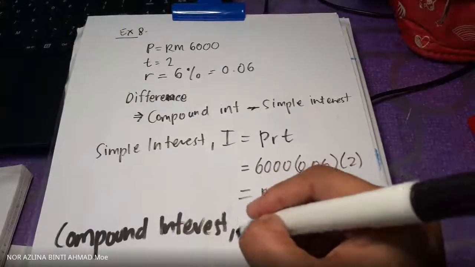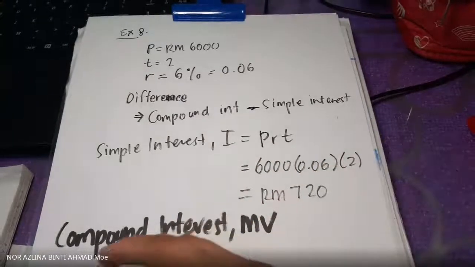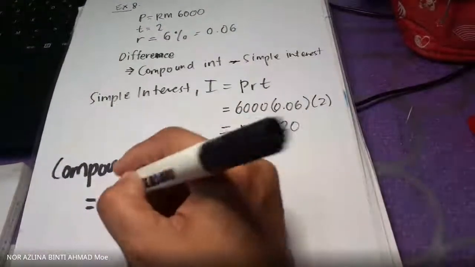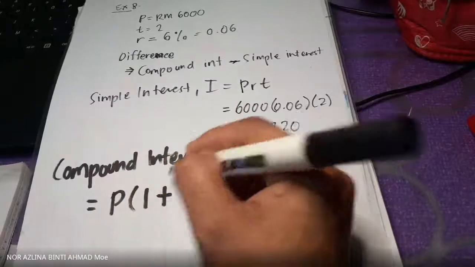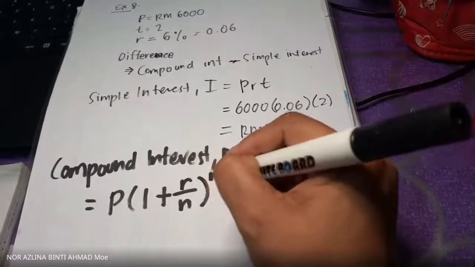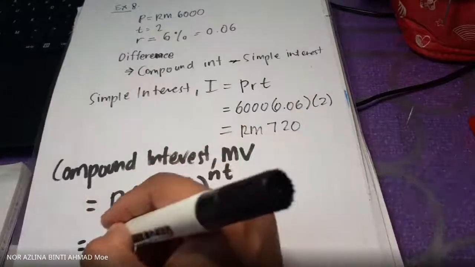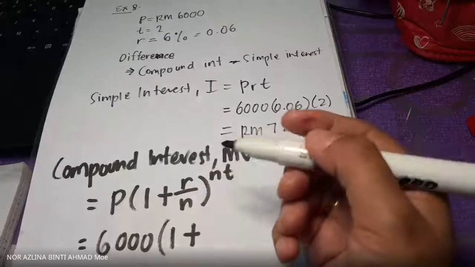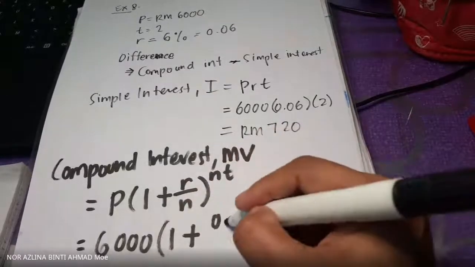This is MV equal to, the formula is P(1 + R/N) to the power of NT. So P is 6,000, 1 plus R rate is 0.06.